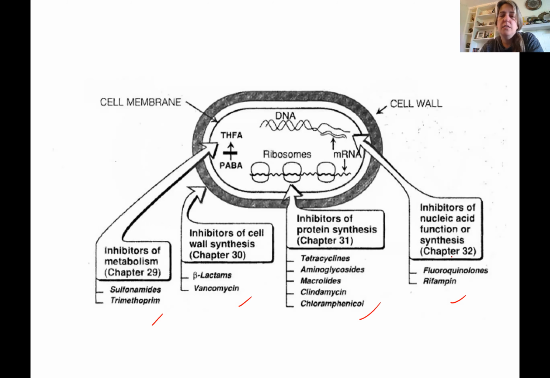So inhibitors of metabolism, that's the folic acid; cell wall synthesis inhibitors, something that we don't have; protein synthesis, so that's the ones that work on the ribosomes; and then the inhibitors of nucleic acid function and synthesis.